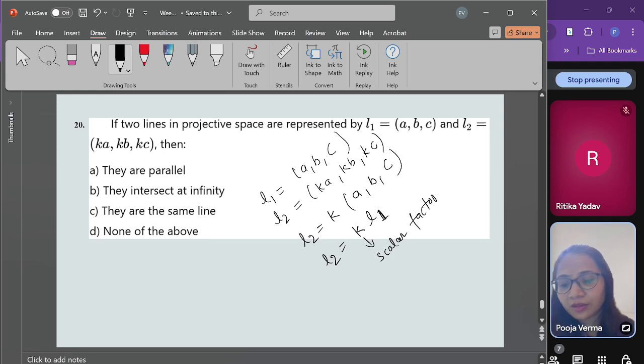So option C is the correct answer. If the lines can be scaled by some non-zero scaling factor, these two lines are related by the same scaling factor, so these lines are the same line. So option C is the correct answer for this question.